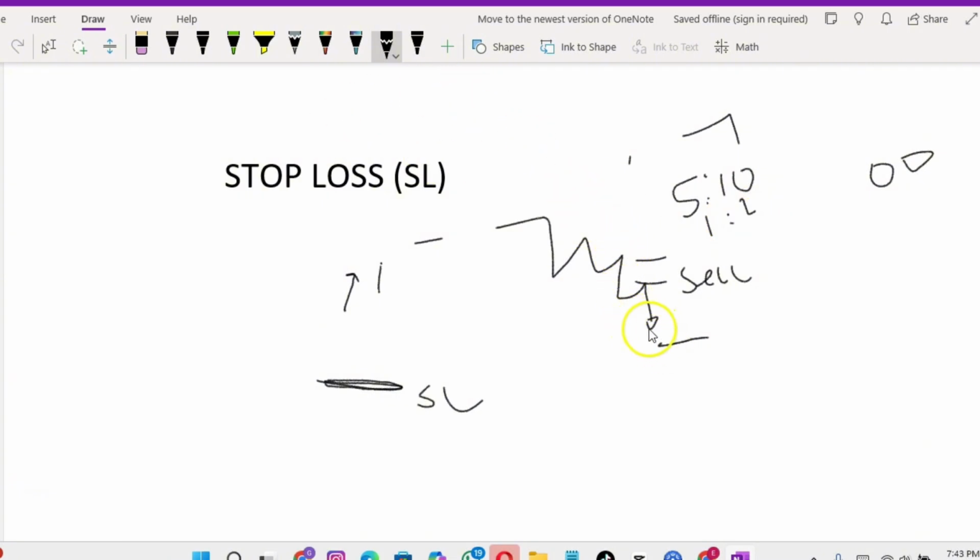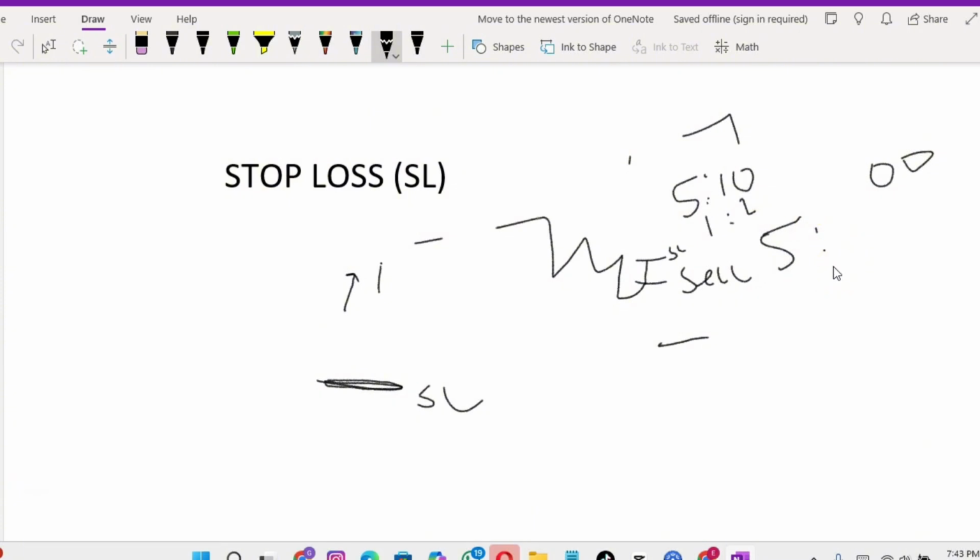Now, if you have calculated your risk and it's $5, and the market ends up not going in your direction, not selling to hit your take profit for you to make money, and instead ends up buying or going against your direction, once it hits your stop loss price, the trade is going to close automatically, and you are going to lose $5, which is the money you calculated before placing the trade.